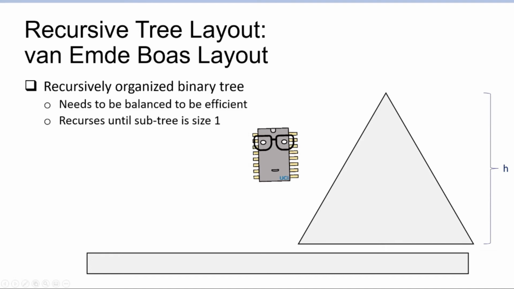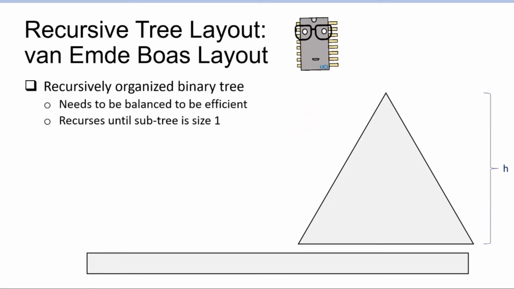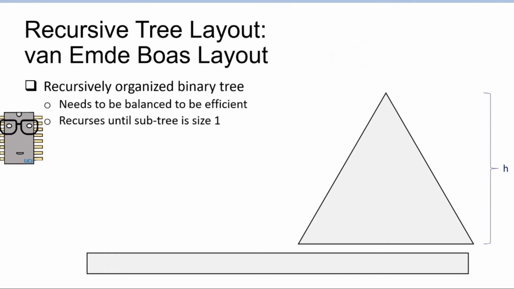So there's a recursive tree layout approach called the van Emde Boas tree layout. And this is going to get a little bit involved. Like most things I'm going to talk about in this lecture, this is pretty much just so you have this idea in the back of your heads, not necessarily to memorize the time complexity analysis and things like that.